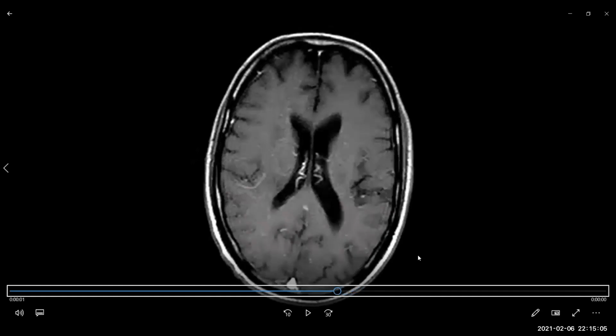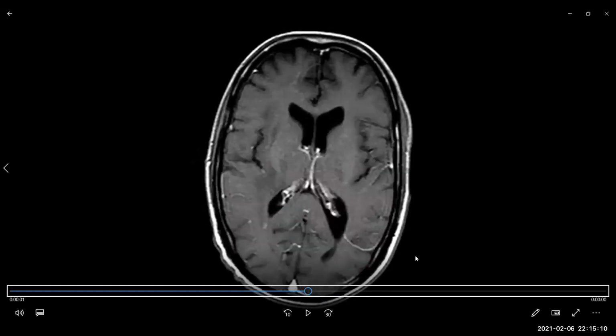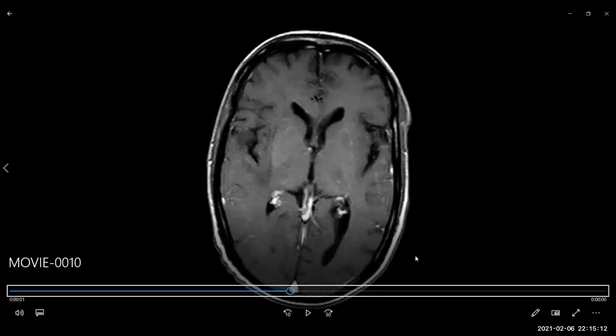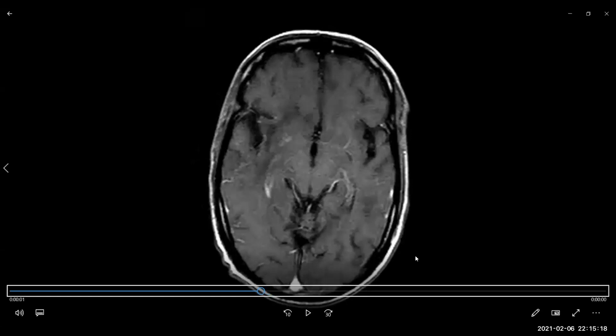I'm looking for any abnormal meningeal or leptomeningeal or any intra-axial contrast enhancement or any enhancing mass.